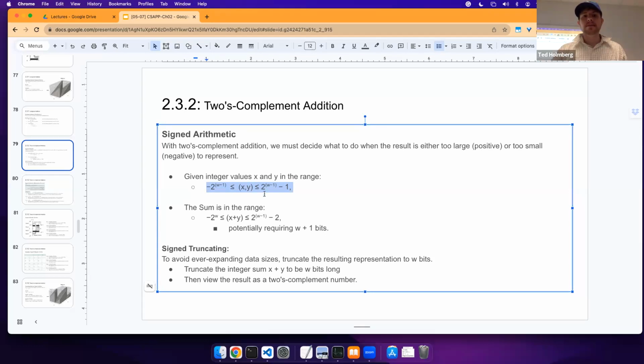And here, the most positive side is almost the same, but we take 1 away. We have to subtract 1 because 0 counts as a non-negative value, right? So they're not completely symmetrical in terms of positive versus negative, because 0 counts as a positive term.